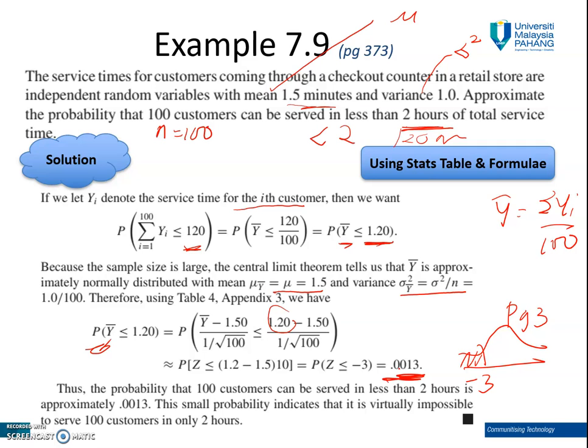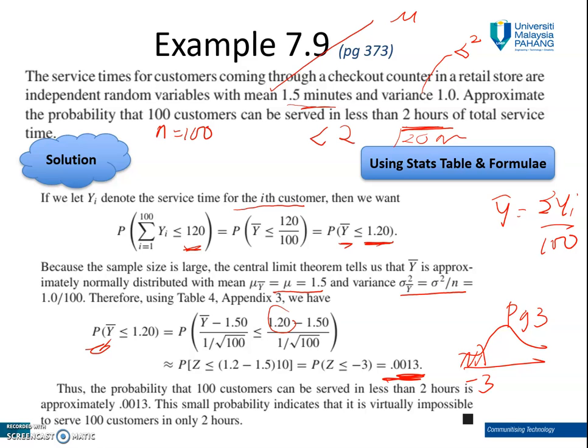Thus, the probability that 100 customers can be served in less than 2 hours is approximately 0.0013, very small. This small probability indicates that it is virtually impossible to serve 100 customers in only 2 hours, because the probability is very small.